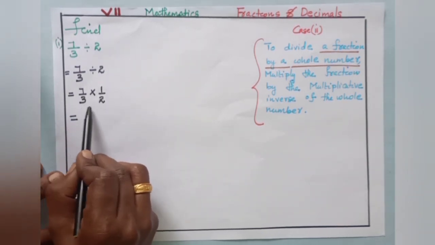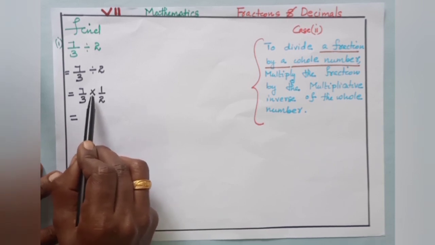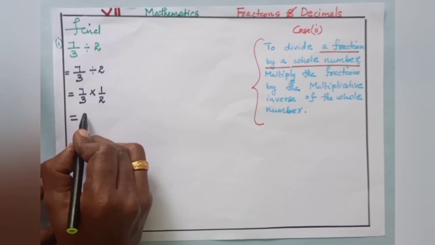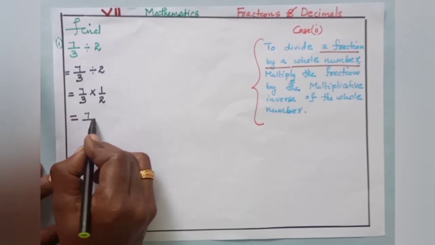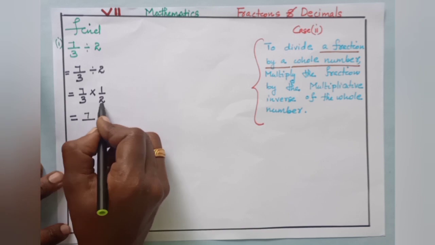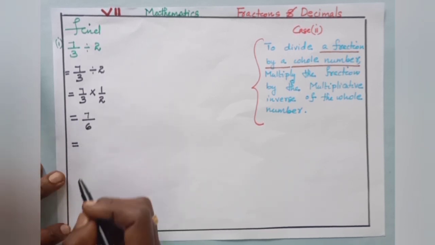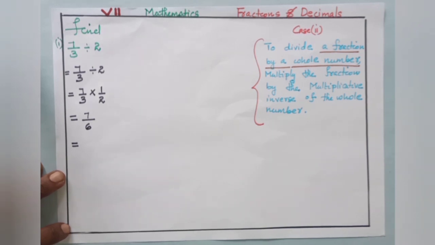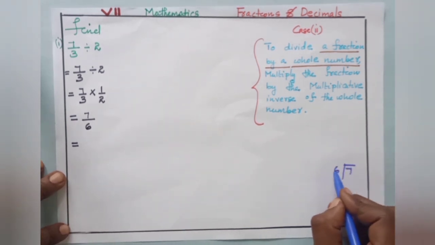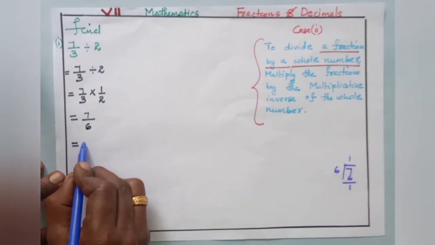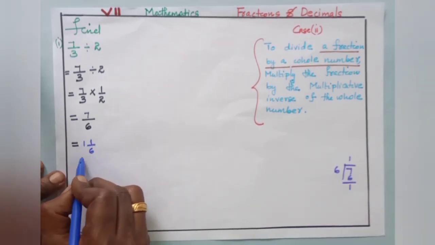Listen, is any cancellation possible here? Not possible. So multiply the numerators, 7 into 1, 7, and the denominators, 3 into 2, 6. 7/6 is an improper fraction. So write the answer as a mixed fraction. 7/6: 1 6 is 6, remainder 1. So we get 1 and 1/6 as the answer.